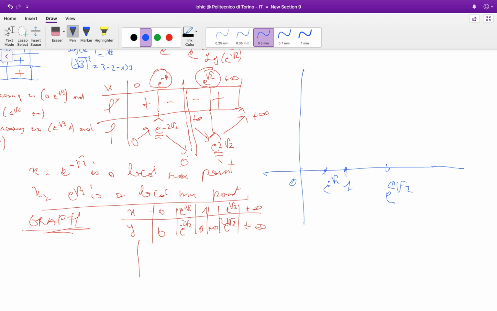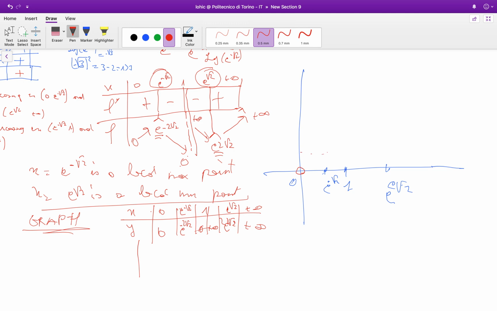Okay, we have the point 0 0, but pay attention that this 0 0 I will open because the function, by the way, is not defined at 0. We open like this because the function is not defined at 0. Then we have the point exponential of minus root 2, that corresponds to exponential of minus 2 root 2.